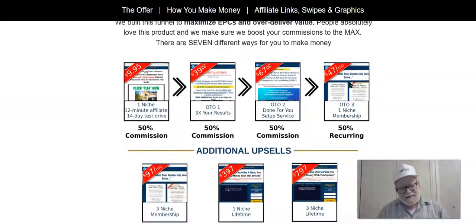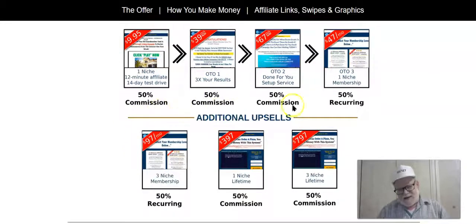Now, one thing about this one that I like is they've got different upsells. And in all these upsells, you can get a commission, as you see here. And a lot of these commissions are recurring commissions, which means there's a billing every month. So you make one sale, but you get paid every single month. And with these upsells, there are many programs on sites like Clickbank where you can only earn money one time on the initial sale.